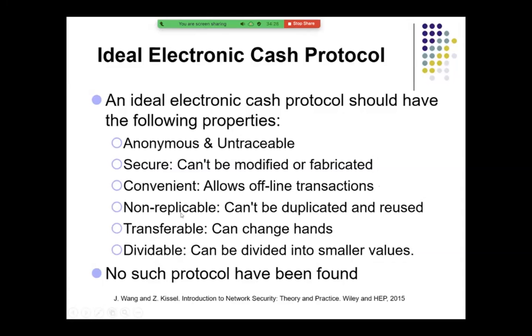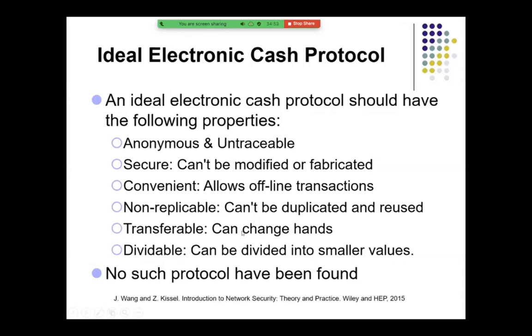And it has to be non-replicable, meaning that only one copy can be used, right? This is electronic cash, so it's easy to make a copy of it, but only one copy can be used. And it's transferable, which is easy to understand.